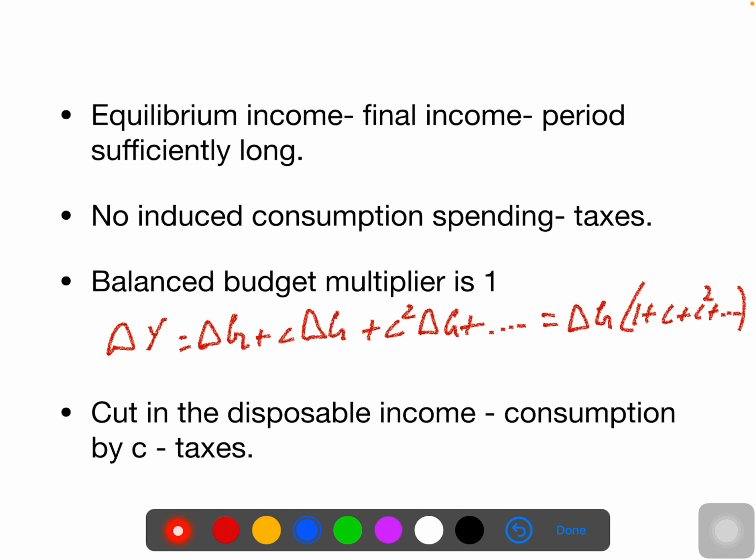A balanced budget multiplier of unity implies that if the government increases spending by 100 rupees, financed by a 100 increase in tax, income should also increase by just 100.